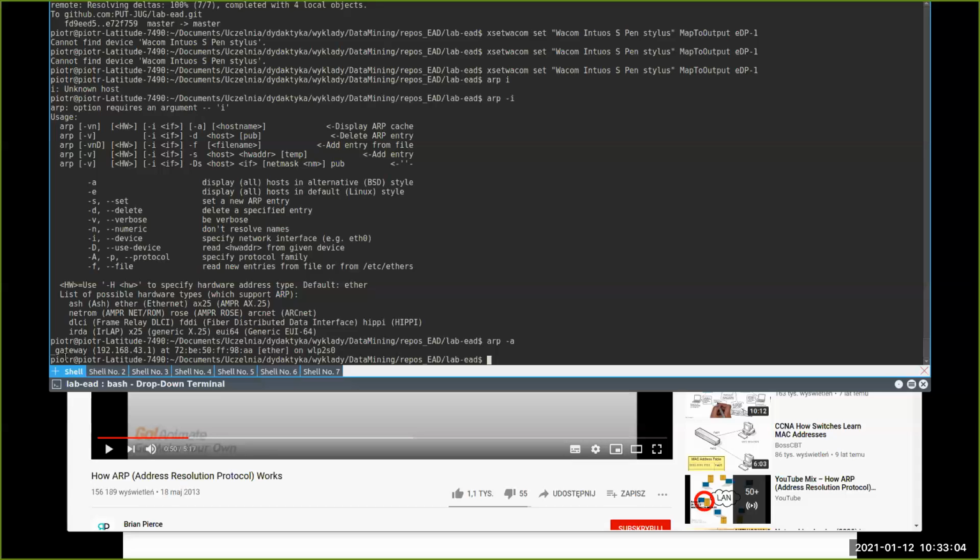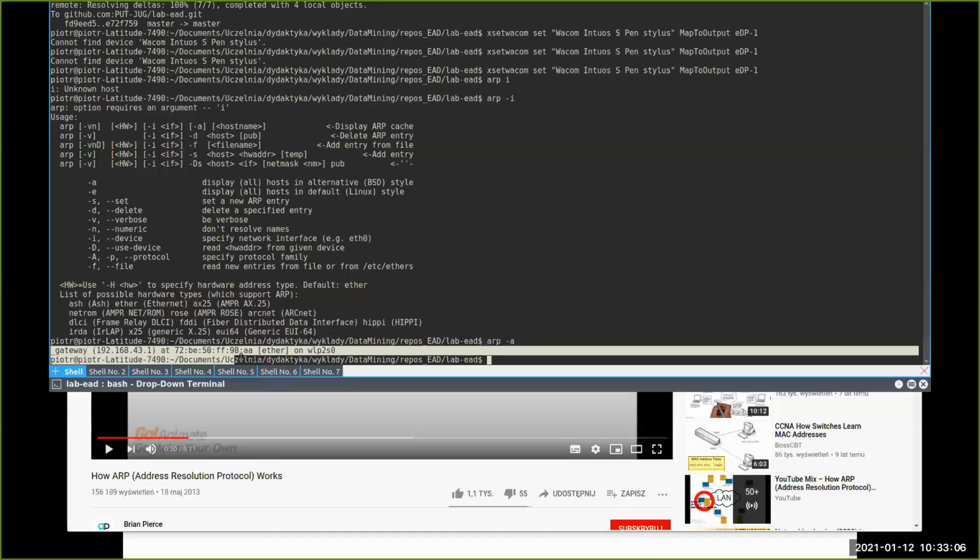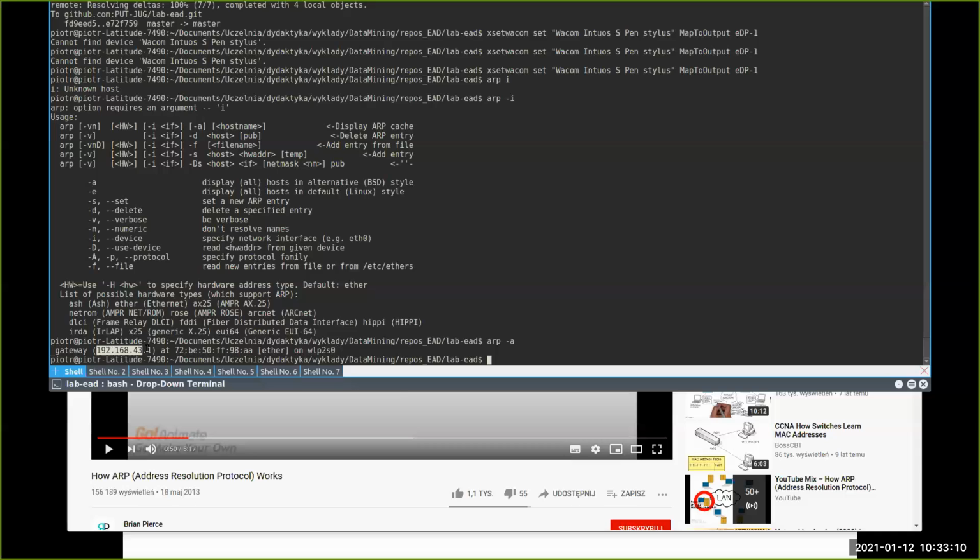Look, here I have the ARP information. I have the MAC address of the router I'm connected to now, and its IP address. If there were other nodes in this network, I would see more entries here.